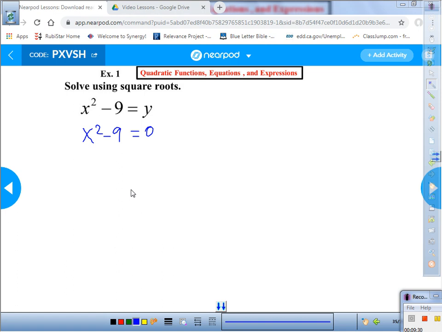Pretty clear? Step 2. Pretty clear? Step 3.